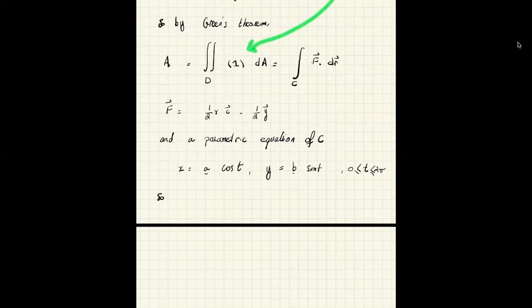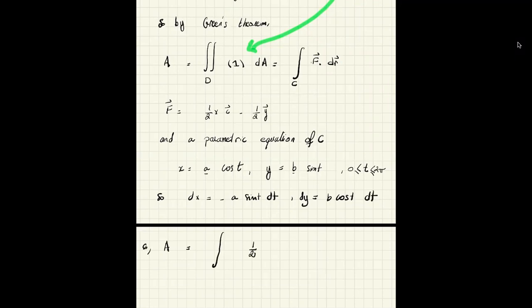So dx is minus a sine t dt, and dy is b cos t dt. Then you apply it. So the area is equal to the integral of 1 over 2.